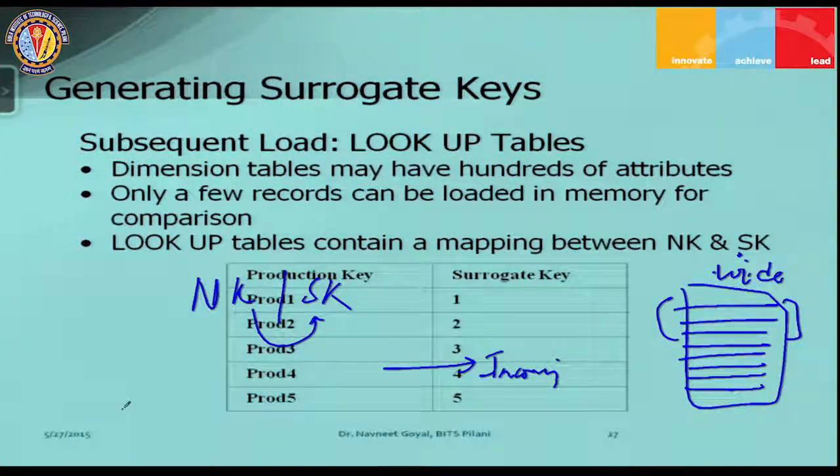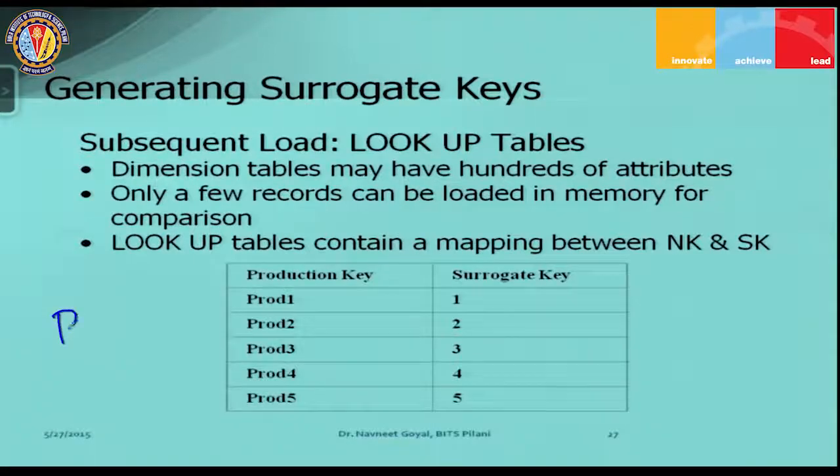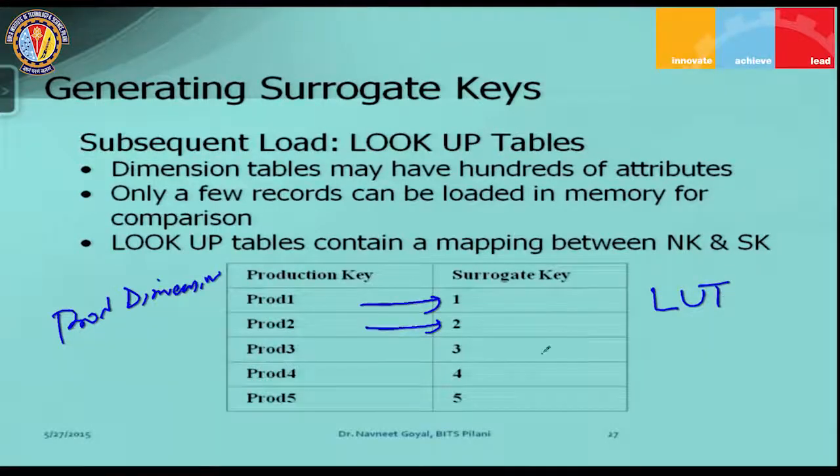This is for a particular dimension, say product dimension, and after the initial load it would look like this. I'll have the production key and the surrogate key, and there are only two records in this lookup table, so we call it LUT, for the product dimension. So this is like this, right?